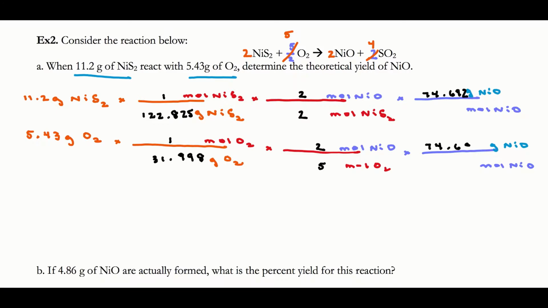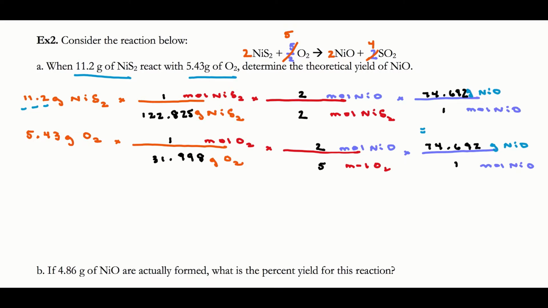Okay. So now I just have to plug this into my calculator. So 11.2 divided by 122.825 times 2 divided by 2 times 74.692. And I forgot to put a 1 right here. Sorry about that. And so the mass that I get, I want to have 3 sig figs for my final answer.